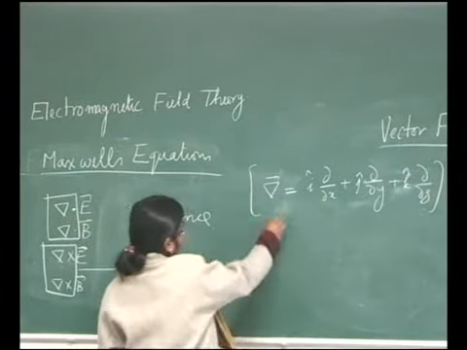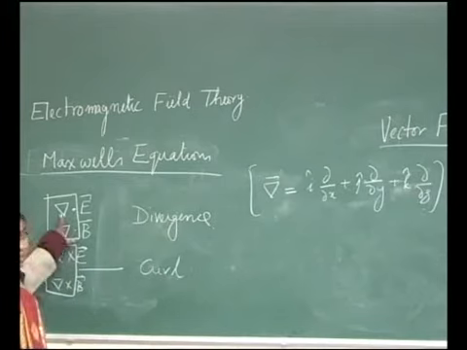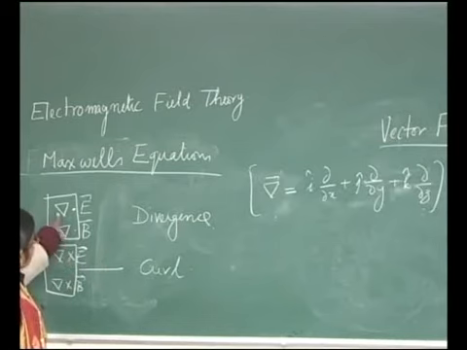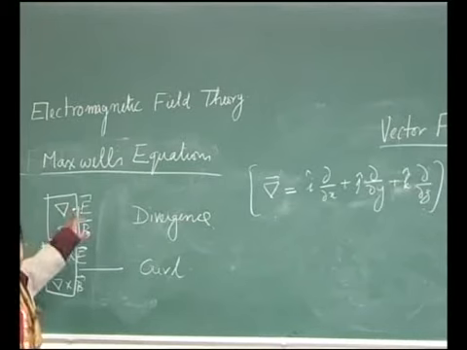This we all know. So this is vector in nature, and when it operates on the electric field, it gives certain information. When this del operator is applied through a dot product, it tells me how much charge is contained in a closed volume.